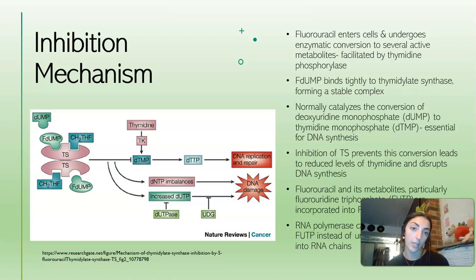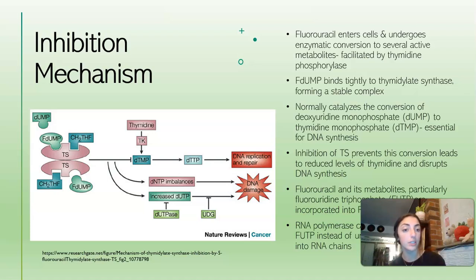And FdUMP binds tightly to thymidylate synthase, forming a stable complex, and it normally catalyzes the conversion of deoxyuridine monophosphate to thymidine monophosphate, which is essential for DNA synthesis. And inhibition of TS prevents this conversion, which leads to reduced levels of thymidine and disrupts DNA synthesis.